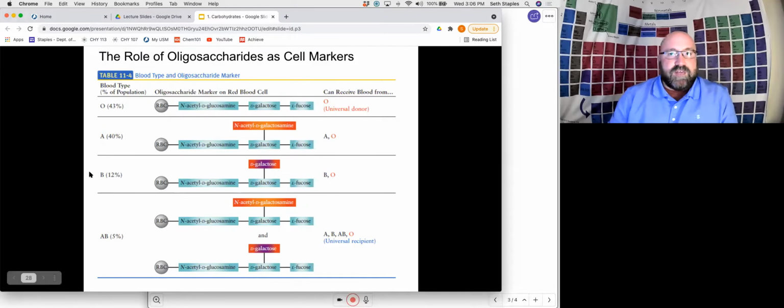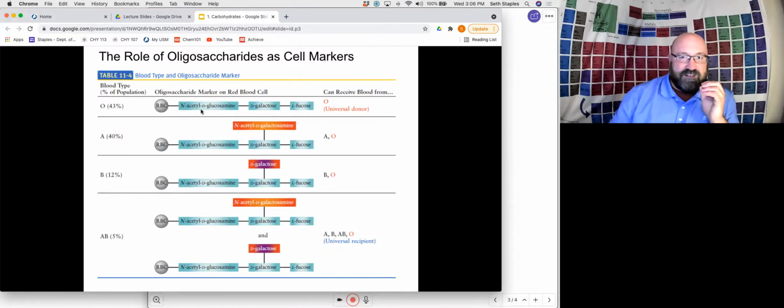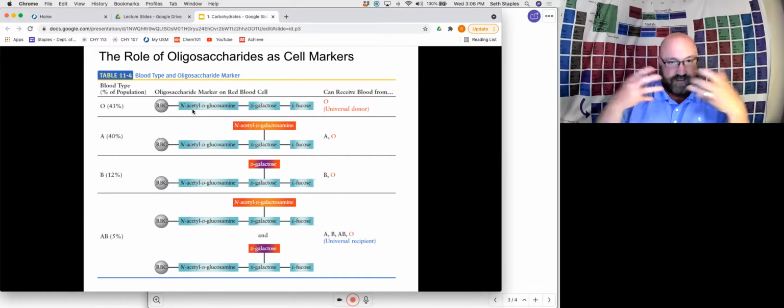And so we can see that here. People with type O blood, so here's a red blood cell, and it'll have these oligosaccharides hanging off it. We can see here that they all have this N-acetyl D-glucosamine. Don't worry too much about that, but this is a saccharide. People with type O then also have D-galactose and L-fucose, 2 different saccharides hanging off there.